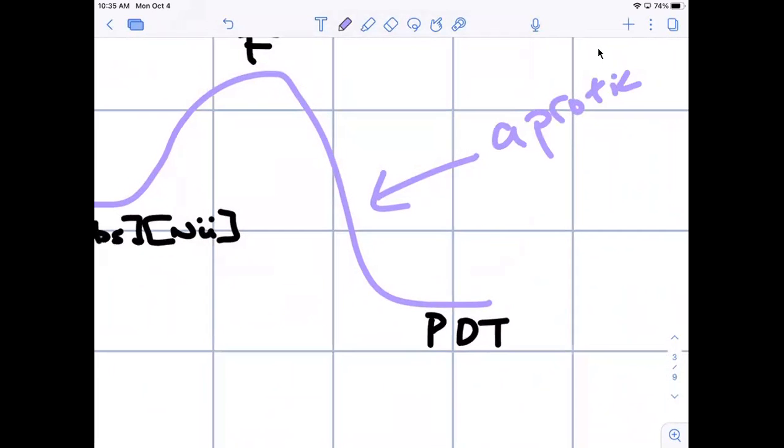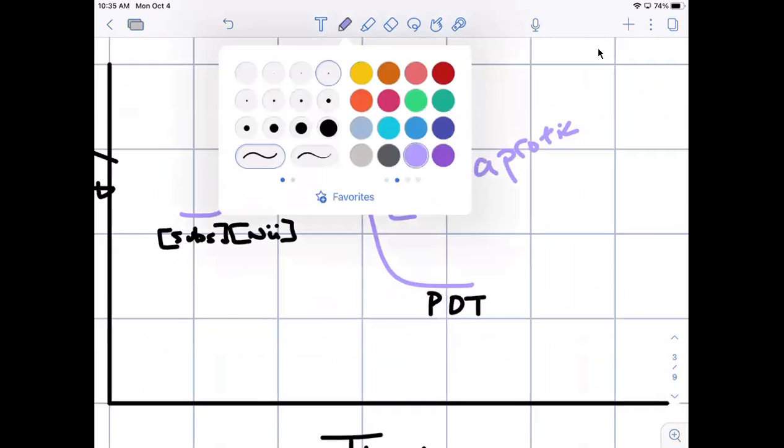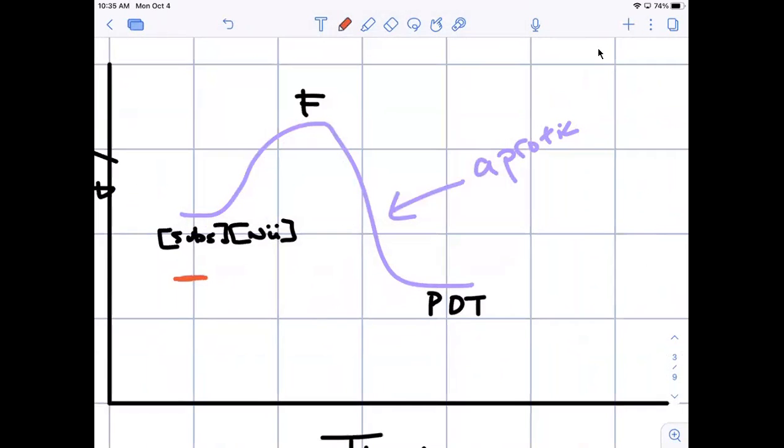Right. If I do this in a protic solvent, what's going to happen is pretty drastic. So first of all, the energy of my nucleophile is going to drop. Right. So my nucleophile energy drops, but I'm going through the same transition state and getting to the same product. What changes? Can you see what's going to change?